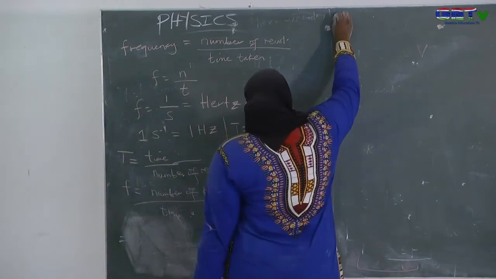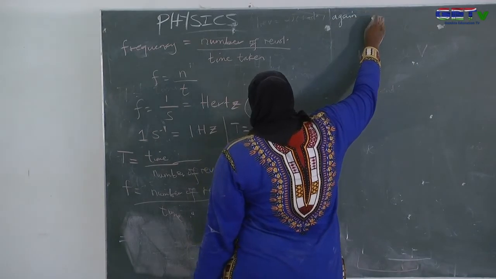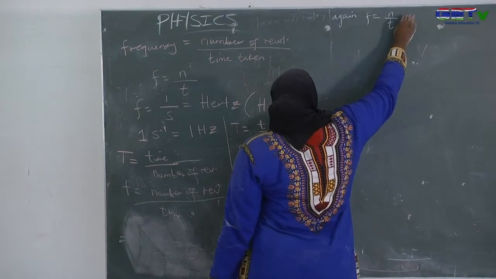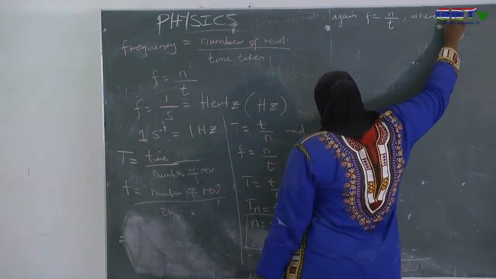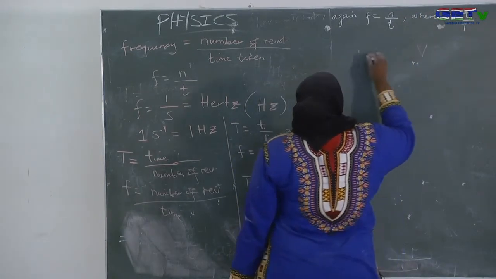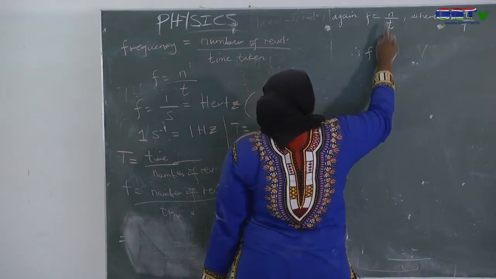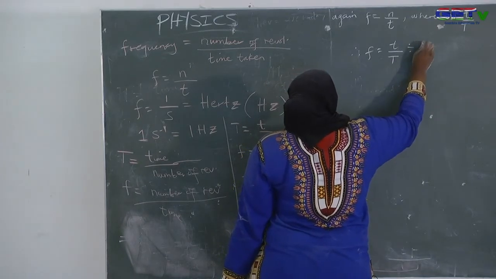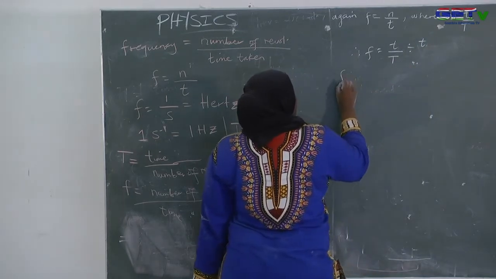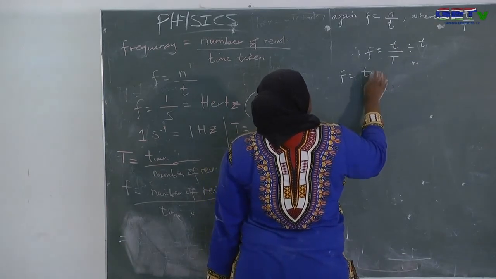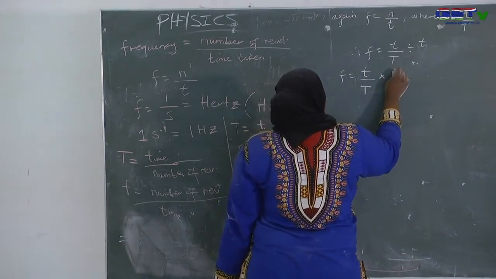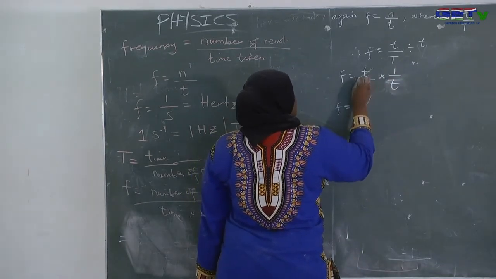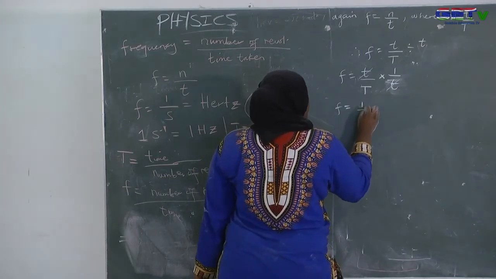Again, we have f equals n over t, where n is equivalent to t over big T. Therefore, small f will be t over big T divided by small t. So that gives us f equals t over big T times 1 over t. The t will cancel t, so f equals 1 over T.